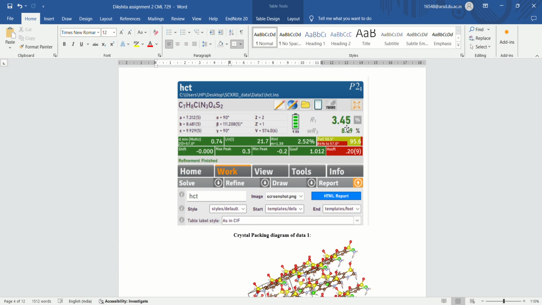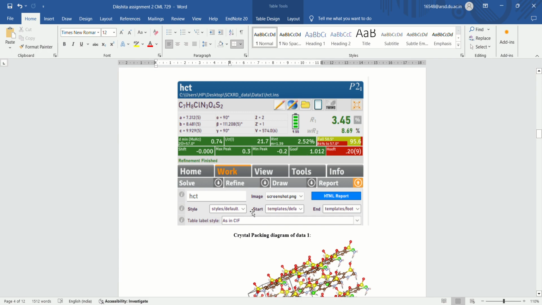R factor is basically the structure factor observed minus the structure factor calculated, divided by the structure factor observed. So it should be less than 5%. Here it came to be 3.45%.